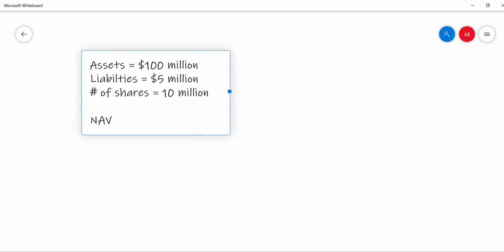So the net asset value or NAV is assets minus liabilities divided by the total number of shares, right? Assets minus liabilities divided by total number of shares. So 100 million minus 5 million over 10 million shares, that gives you the value per share, which is $9.50. So we'll say that the net asset value of this particular mutual fund is $9.50.